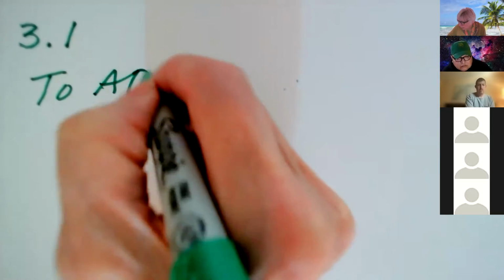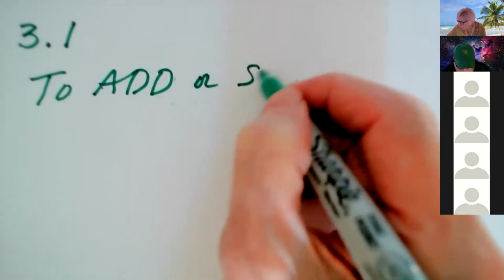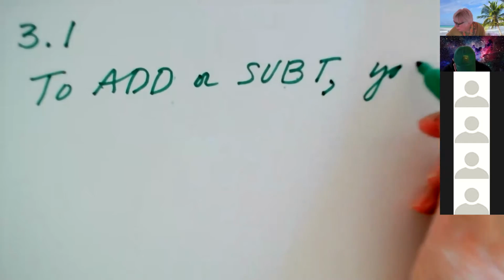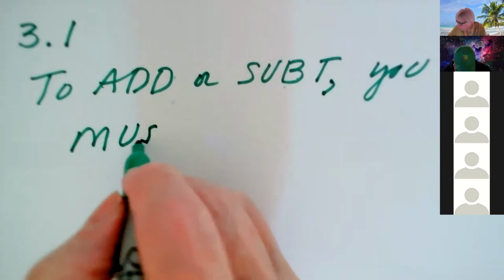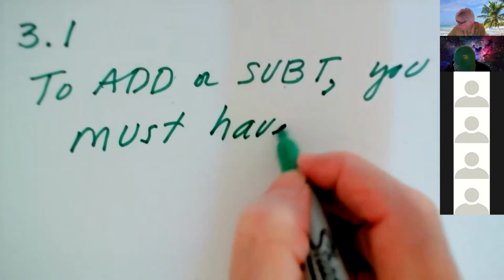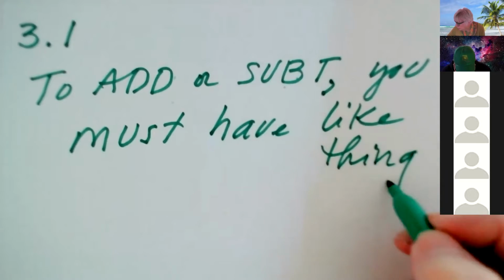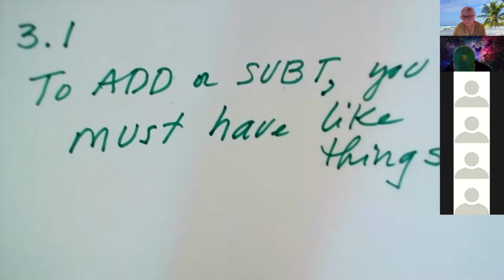To add or subtract, you must have like things. Now, this is so basic that they don't bother to mention it. But I want you to know this because it has to do with fractions.